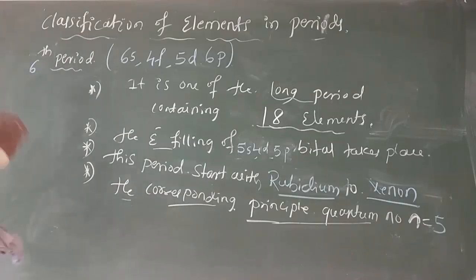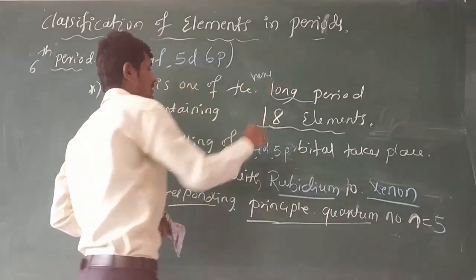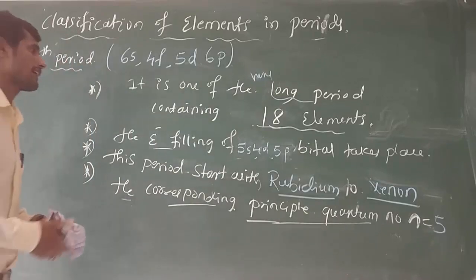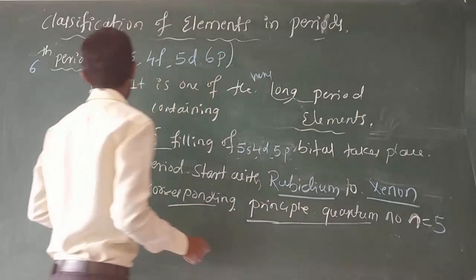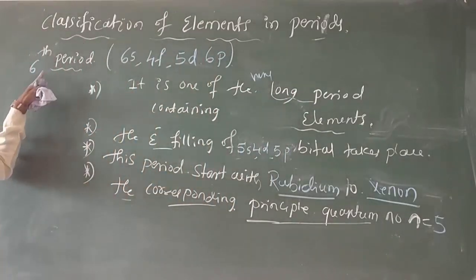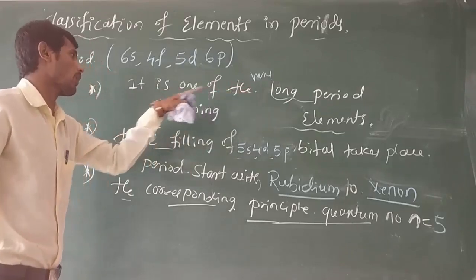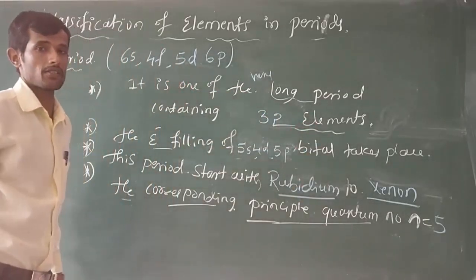Students, another important point, it is one of the very long periods. Sixth period as well as seventh period are very long periods containing 32 elements.